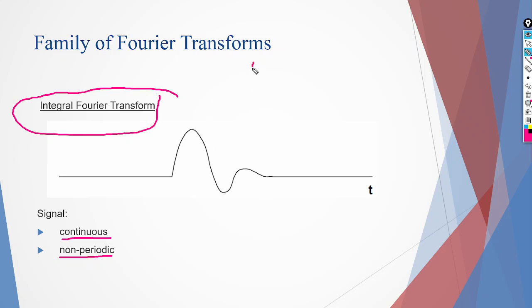That's exactly the formula I was writing before: signal multiplied by the base function, let's use a complex one, e to the power of minus j omega t, dt, from minus infinity to plus infinity. So that is the integral formula of the integral Fourier transform. That actually works for any signal.